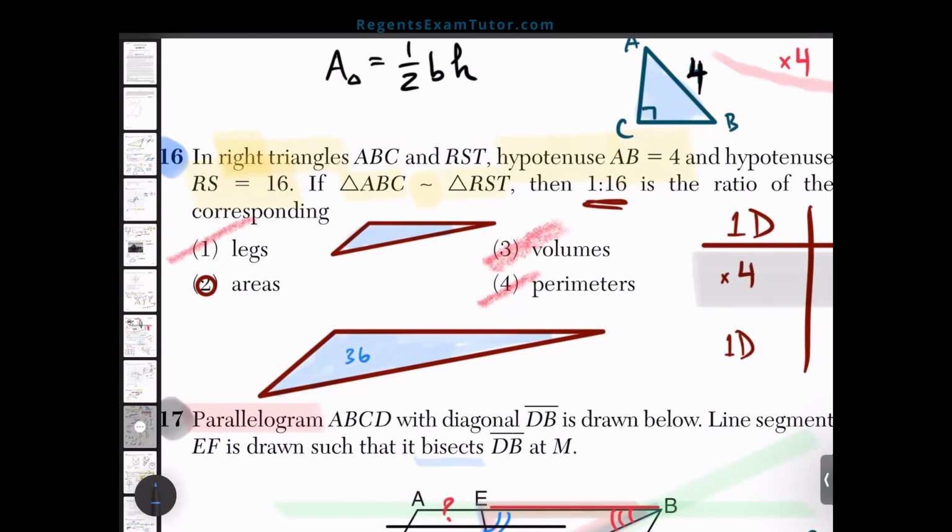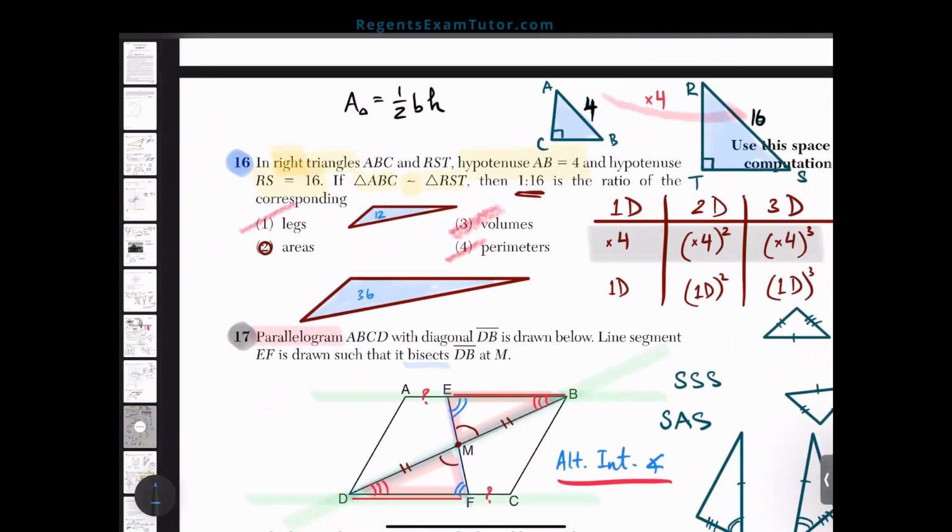And the smaller one has an area of 12. 12 square centimeters, or 12 centimeters squared, whatever kind of units you like.